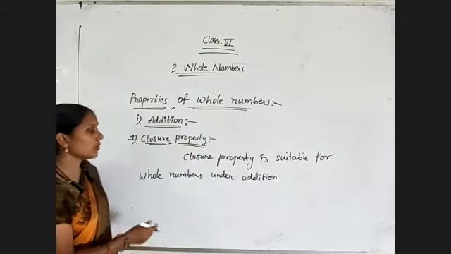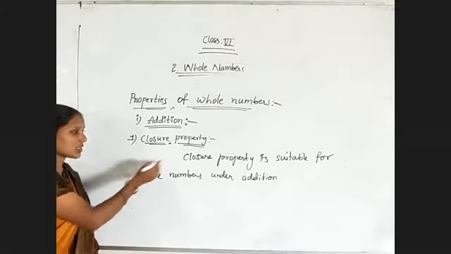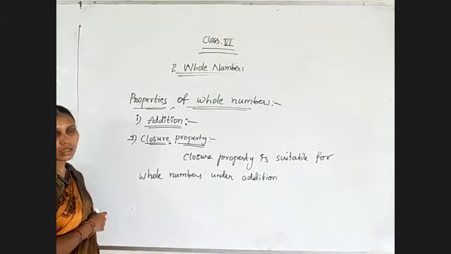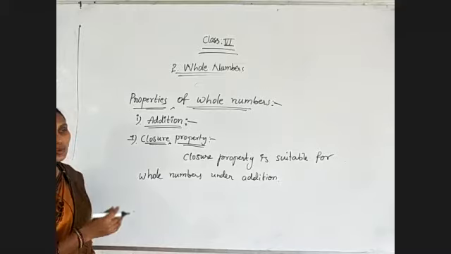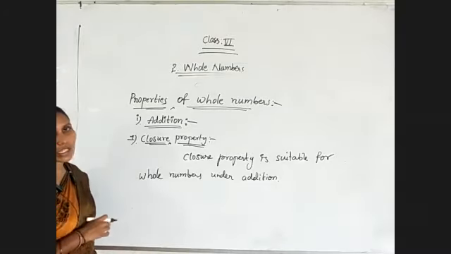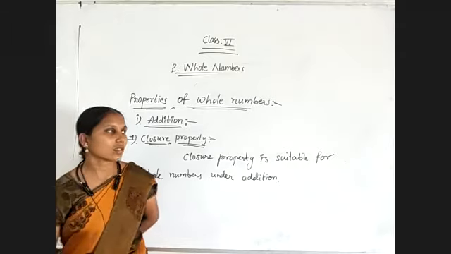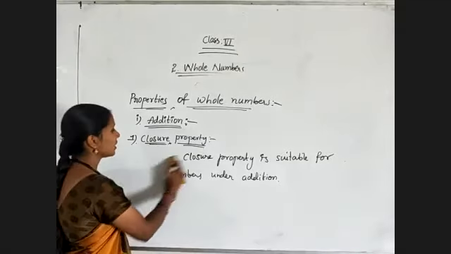Okay, whatever statement I have given just now, after the example, this is the statement you need to write. Closure property is suitable for whole numbers under addition; even under multiplication it is suitable. We will check afterwards.